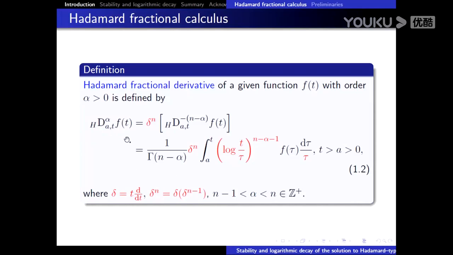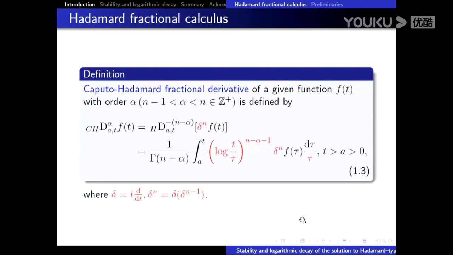So the Hadamard derivative of the function f(t) is equal to 1 over gamma n minus alpha, delta n, and this is the integral, and here there is tau. If we exchange the order of the delta operation and the integral, we get the capital Hadamard derivative like this.